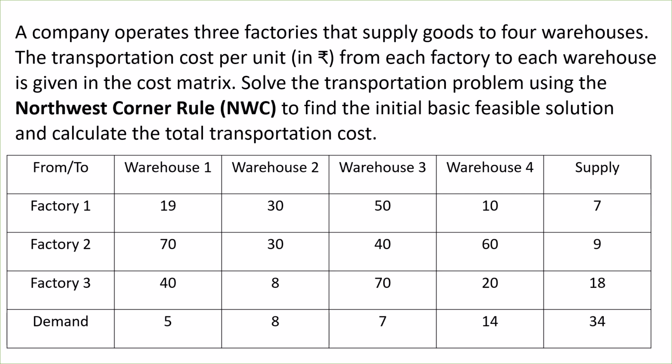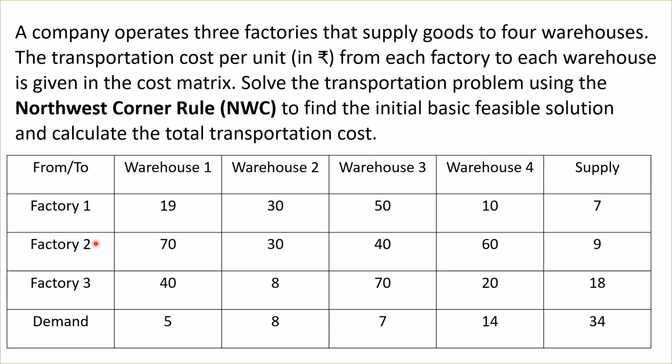And solve the transportation problem using the northwest corner rule method to find the initial basic feasible solution and calculate the total transportation cost. Here if you properly understand the problem, factory 1 has 7 units, factory 2 has 9 units, factory 3 has 18 units, and warehouse 1 has a demand of 5 units.